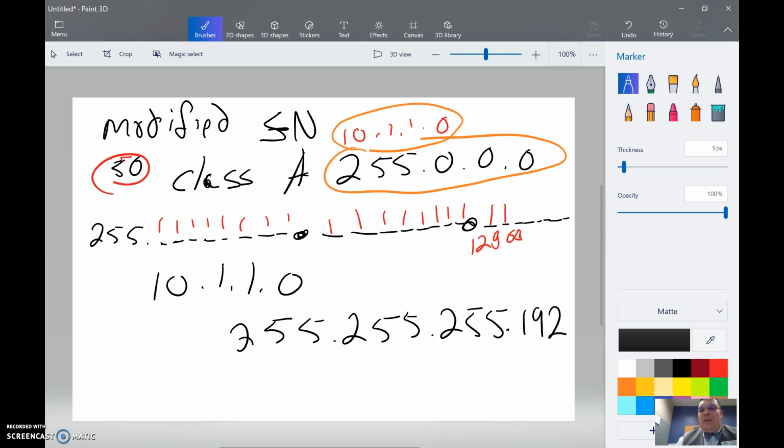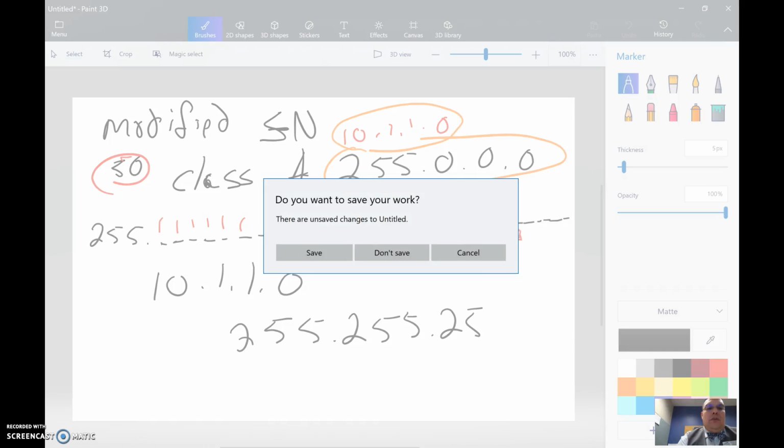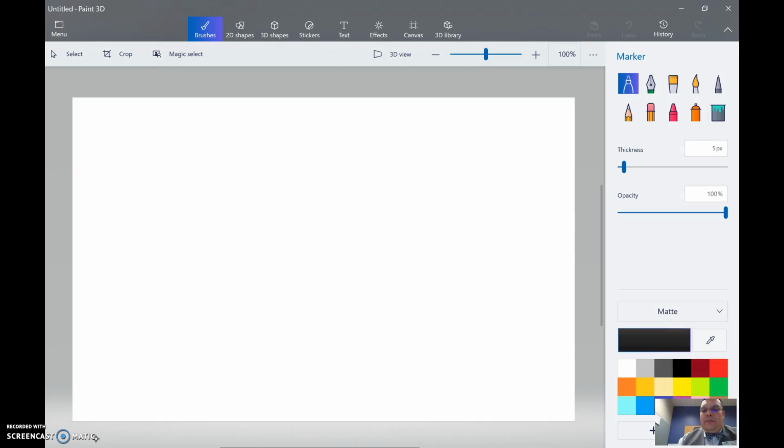IP is the same, subnet mask has changed, because now each subnet has 50 users, but my IP addressing is still the same.